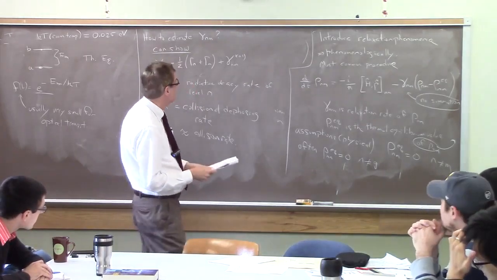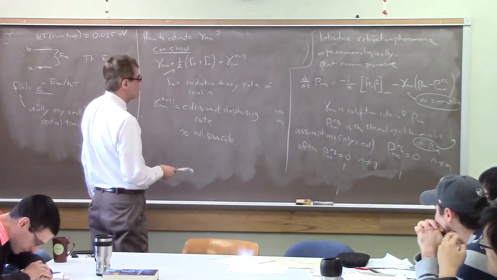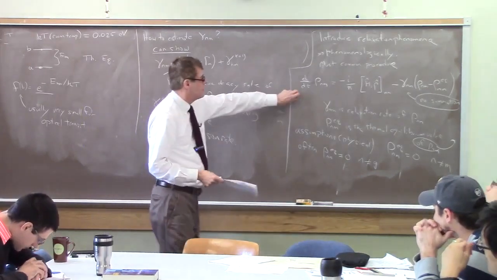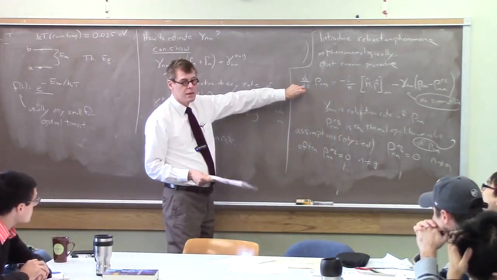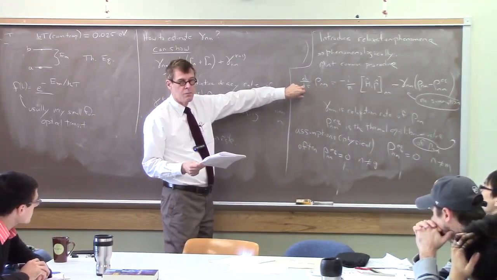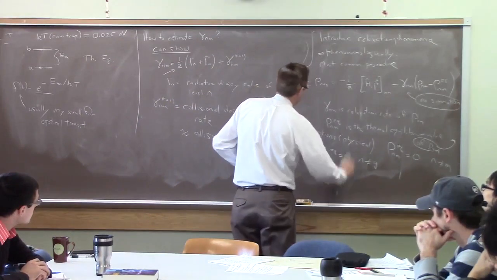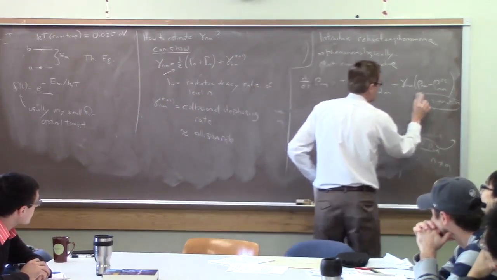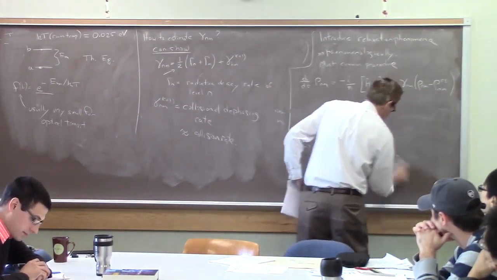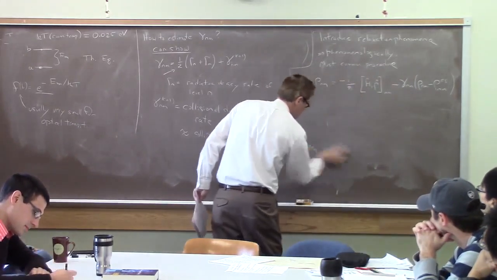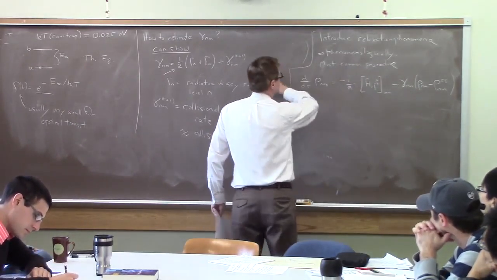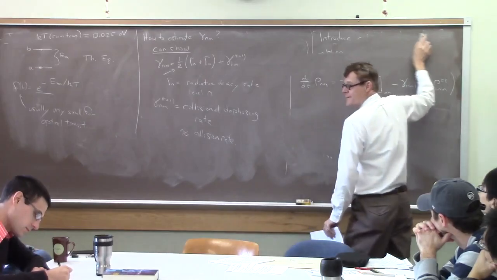Okay, so this is the equation of motion that we will use for the density matrix. Let's erase everything else and put a box around it, like they do in high school textbooks, right?